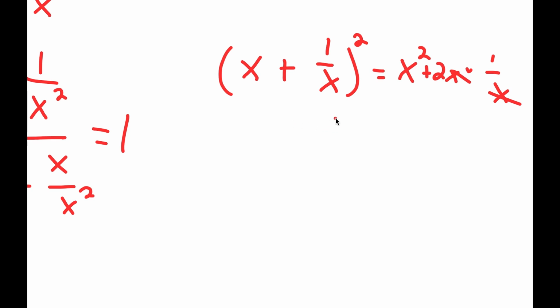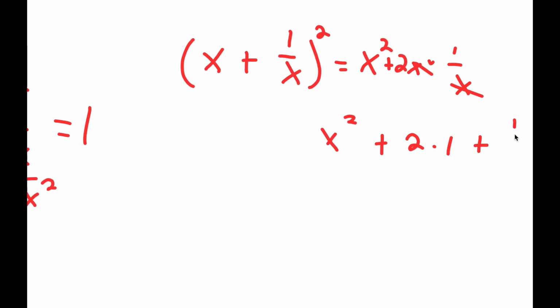So this is simply equal to x squared plus 2 times 1, which is x squared plus 2, and then I have plus 1 over x squared at the end.